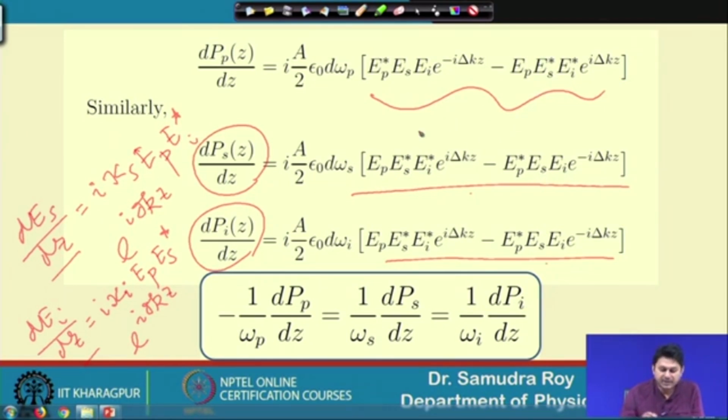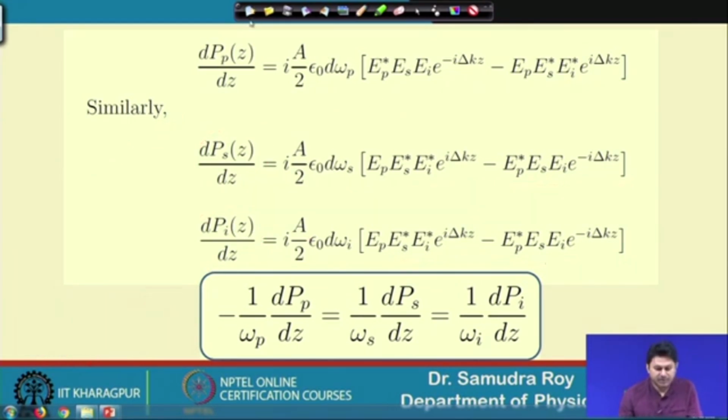So, one negative sign is related to this, and once you have a negative sign for all these cases, then these three equations can be represented in terms of a more general equation. If I divide this by omega p here, then the right hand side will be 1 by 2 epsilon 0 and this term in the bracket.